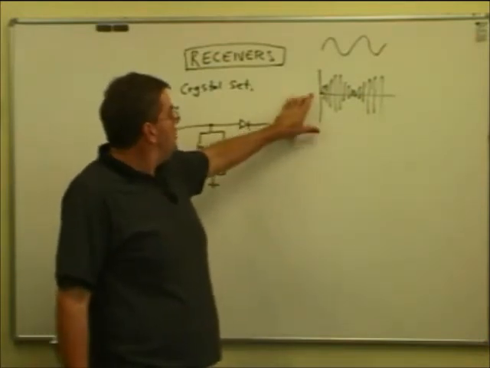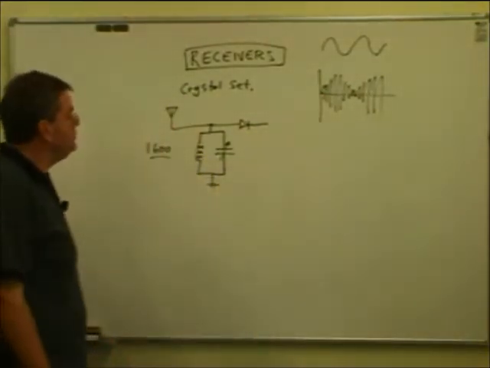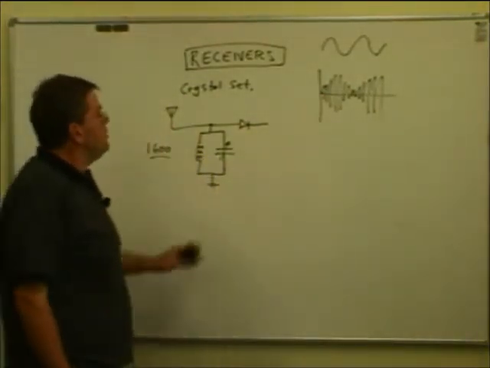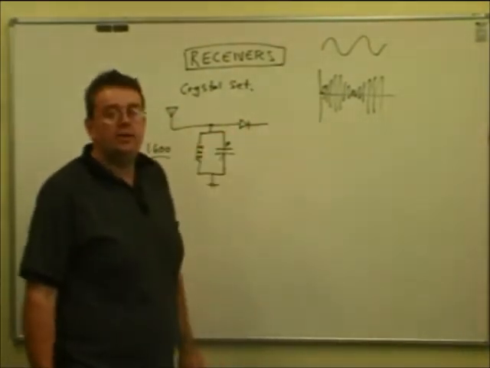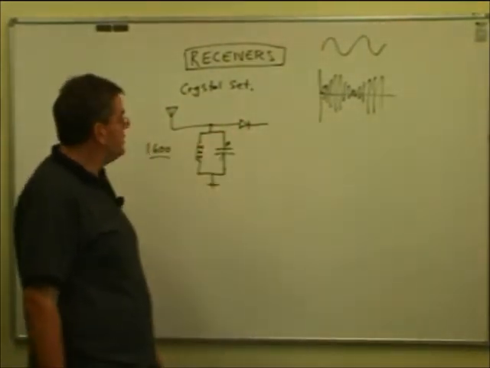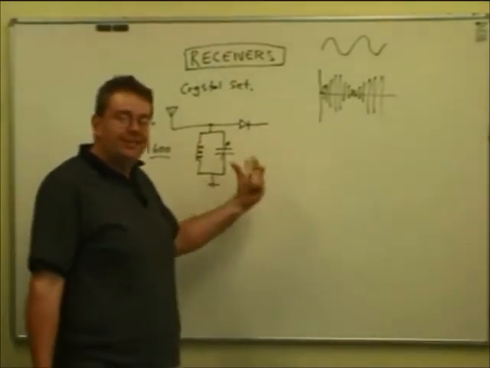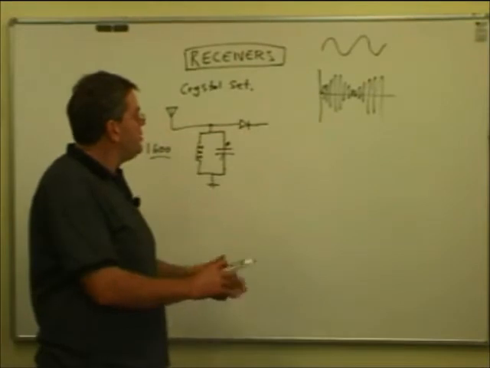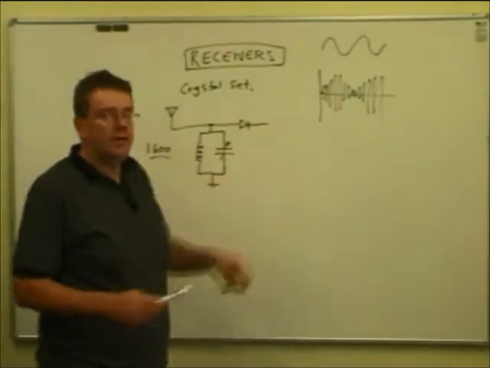So what we want to do is be able to remove the intelligence off of the carrier. So we've tuned the signal we want, that's what we've got at this point here, and enter our friend the diode from semiconductors. Remember, the diode would only allow a current to pass in one direction and not the other. And that allows us to detect or demodulate, to get the intelligence off of the carrier signal.